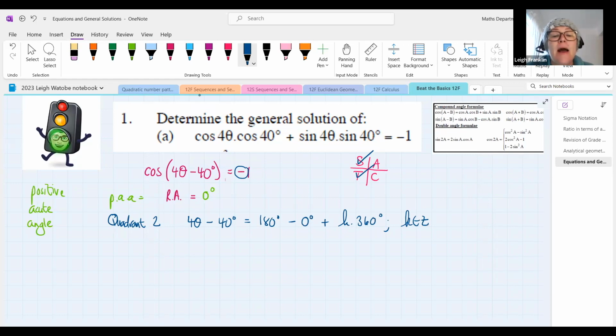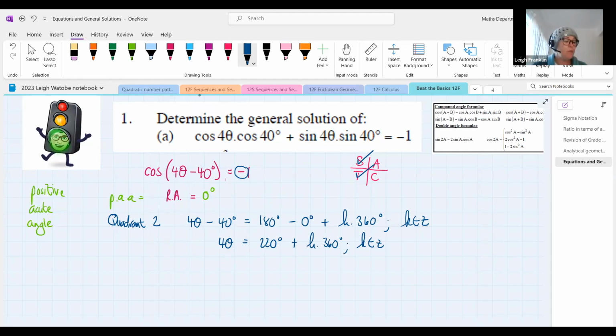Now let's take the 40 over to the other side. So this is going to give us 220 plus k times 360, k is an element of the integers.